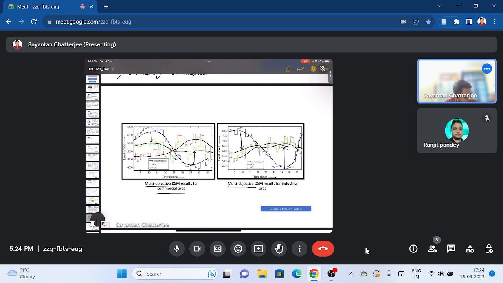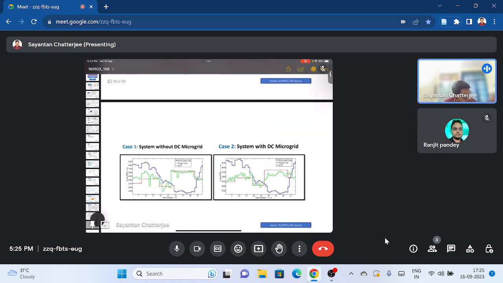Means these results are delivering. Our aim is to maintain a flat output profile. So these are mainly the objectives.